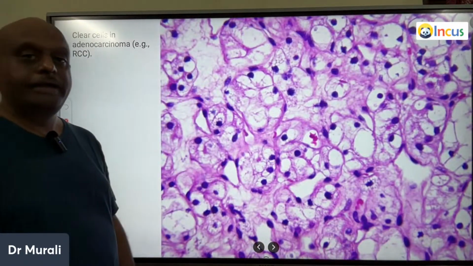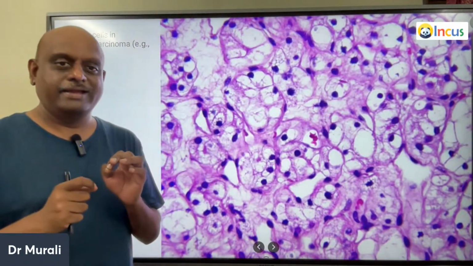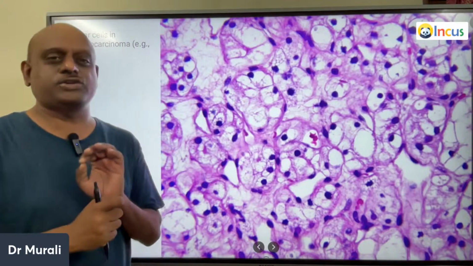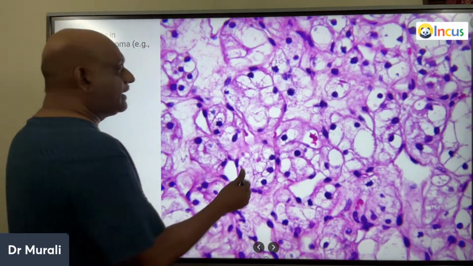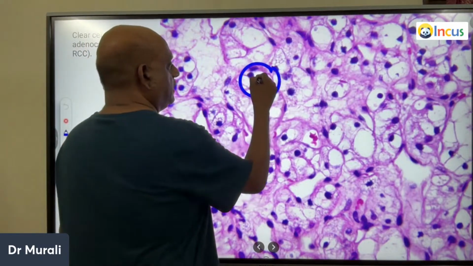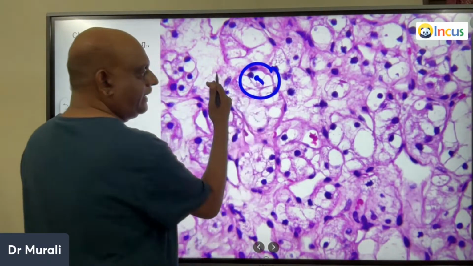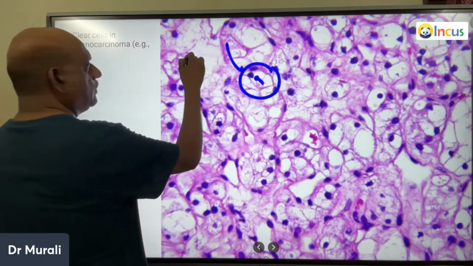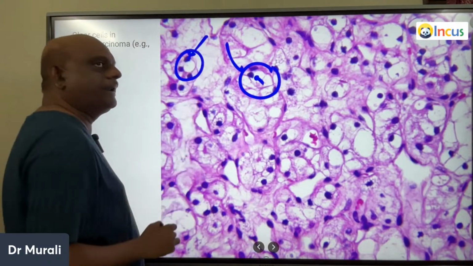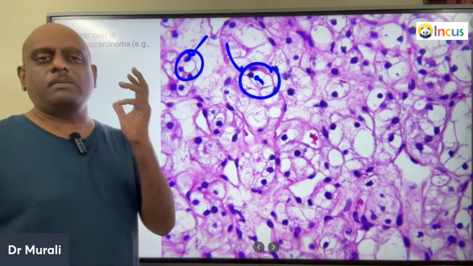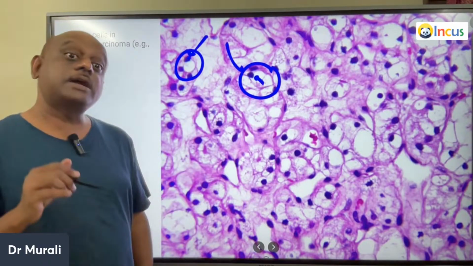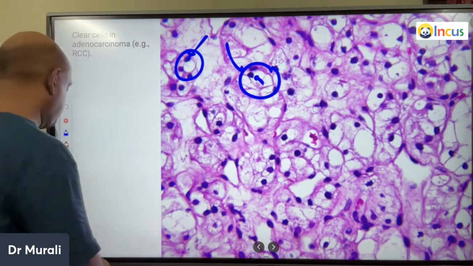Now, in the kidney, whenever there is an adenocarcinoma of the kidney, what type of cells you find? These are called clear cells. The nucleus is pushed like a signet ring to one end. So the histological hallmark is a clear cell adenocarcinoma.